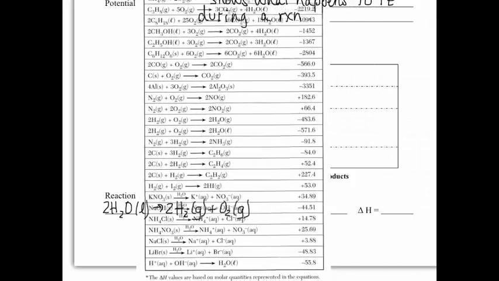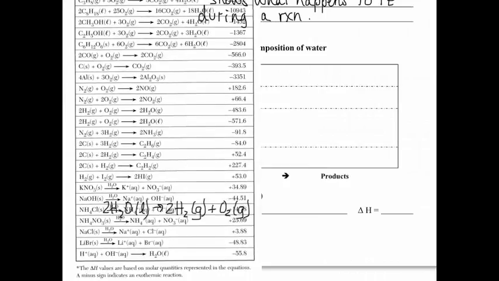And then our value for delta H, we're going to use our same value. We're just going to change the sign. So it's going to be 571.6 kilojoules.